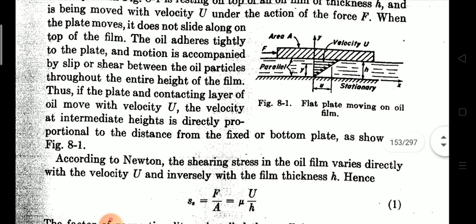So what is the relation? According to Newton, the shearing stress in the oil film varies directly with the velocity U and inversely with the film thickness h, right. So the shearing stress produced in the oil film is directly proportional to the velocity of the plate, but inversely proportional to the thickness h of the oil film.